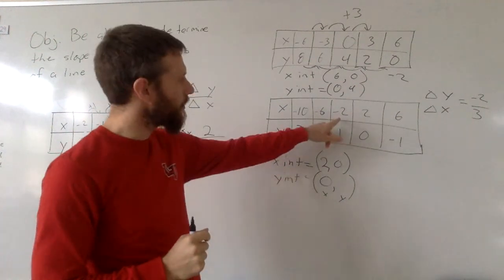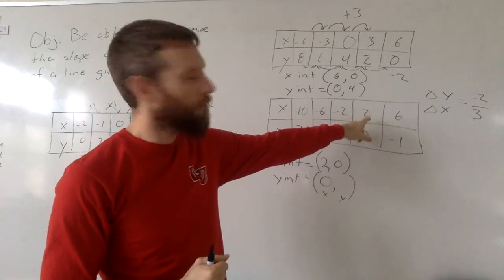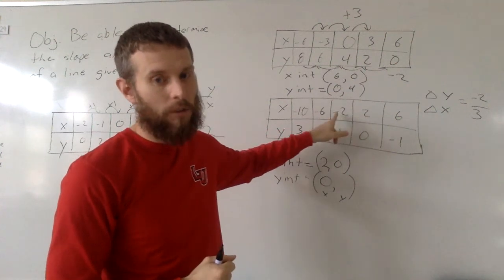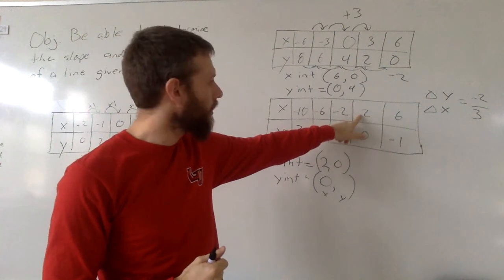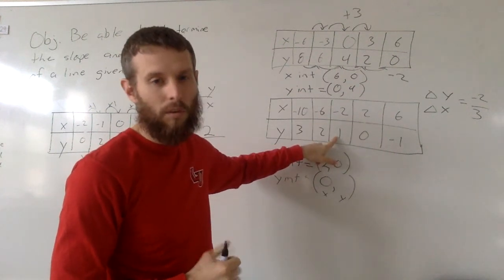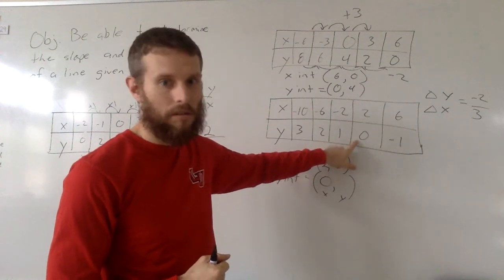We can see that this is where x equals negative 2, and this is where x equals positive 2. So halfway between negative 2 and positive 2 is going to be 0, right? When x is negative 2, y is 1. When x is 2, y is 0.